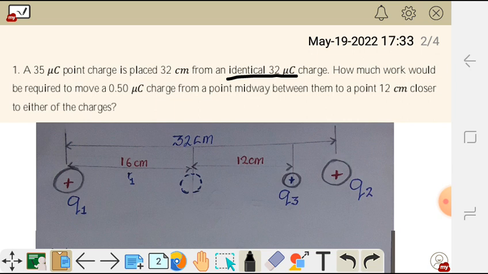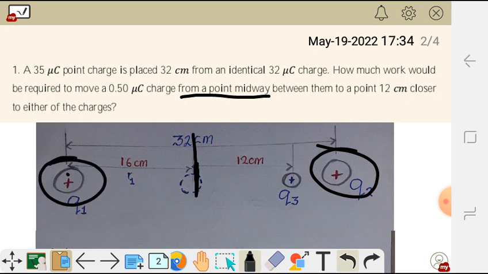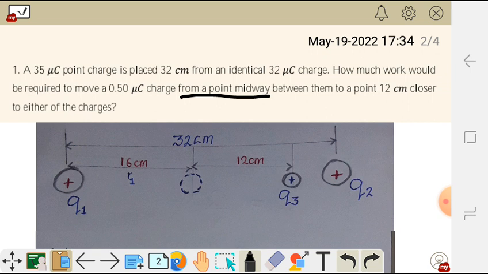Then the question reads how much work. It is requesting us to calculate the work required to move a 0.50 microcoulomb charge. This charge is moving from a point midway between them, a very important statement. Between these two charges, the point midway is the point 16 centimeters from each of them, because the distance is 32, so half will be 16.